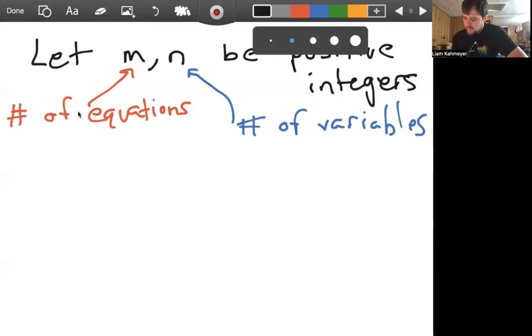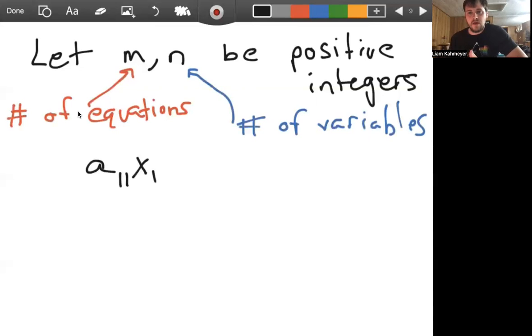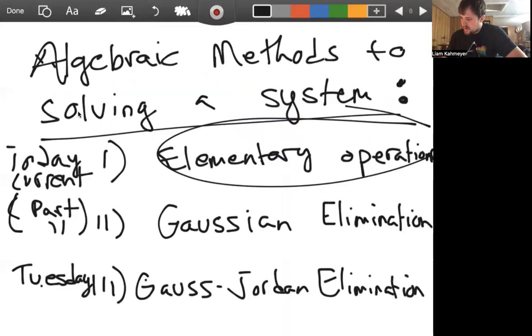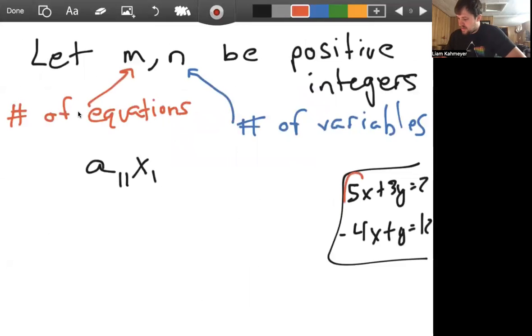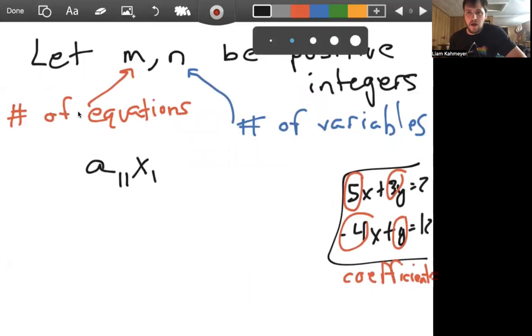So what would this look like? For every variable, there could be a coefficient, right? For example, when you're looking at something like 5x plus 3y equals 2, and then negative 4x plus y equals 12, the numbers in front of the variables are called coefficients. And so I'm denoting these coefficients by just a, and then I'm going to use some indices here.